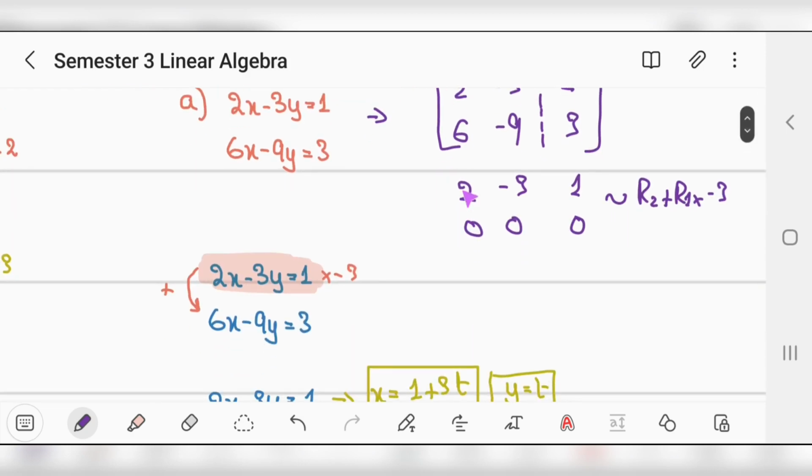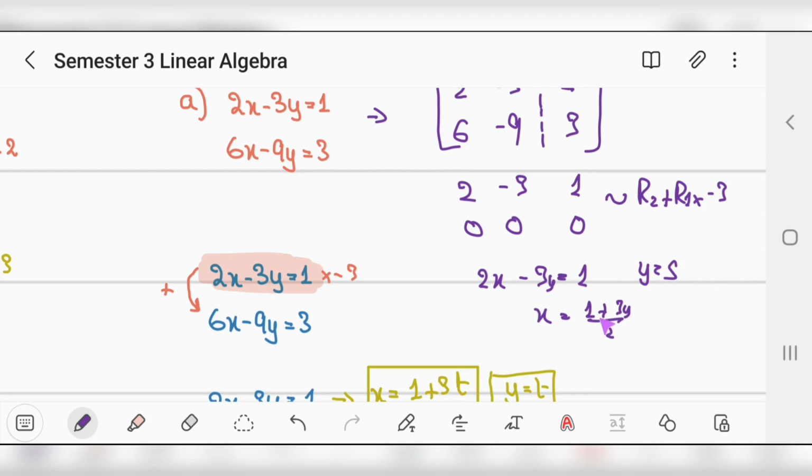And then we make x the subject, like this is 2x minus 3y equal to 1, right? So x is equal to 1 plus 3y upon 2. This is x. And as for y, it is dependent on x. So for y, we put any kind of parametric variable like s.